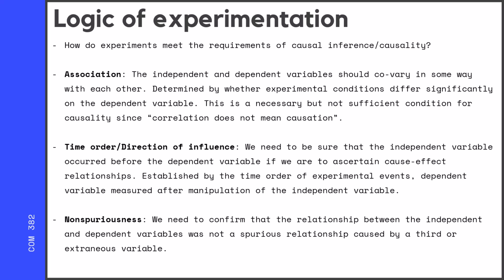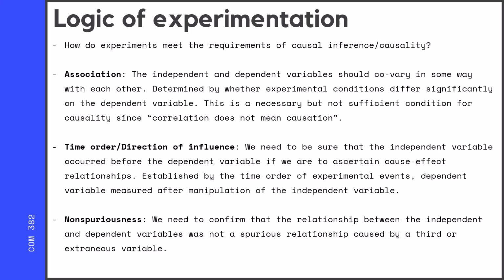But again, correlation does not mean causation, so this is not the end of it. Time order and direction of influence. We need to make sure that the meditation, that independent variable, is introduced to the experimental group before we measure the academic performance. So therefore, we are certain that the improved academic performance is due to engaging in that meditation.